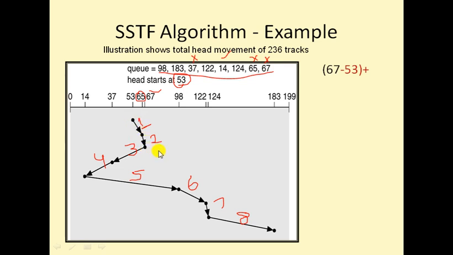Next, from 67 to 14 there are two moves in one direction, so I take 67 minus 14. Next, from 14 to 183 there are four moves, all in one direction, so I take 183 minus 14. Then I get 236. So in this example, the head moves 236 tracks.